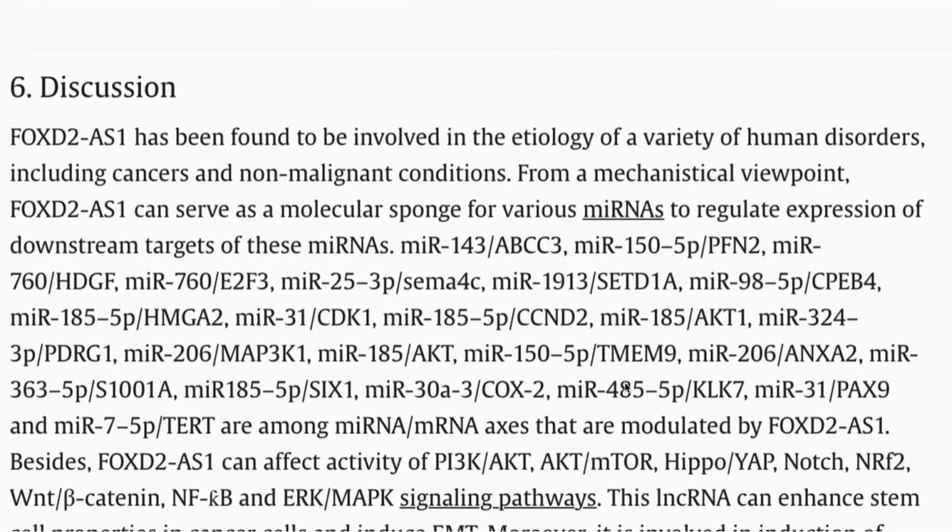Firstly, the key finding. Look, this is the key finding. This is the name of a long non-coding RNA found to be involved in the etiology of a variety of human disorders, including cancers and non-malignant conditions. So this is our key finding.